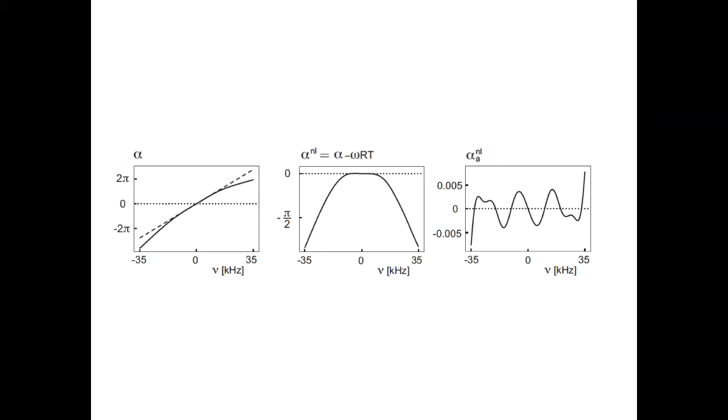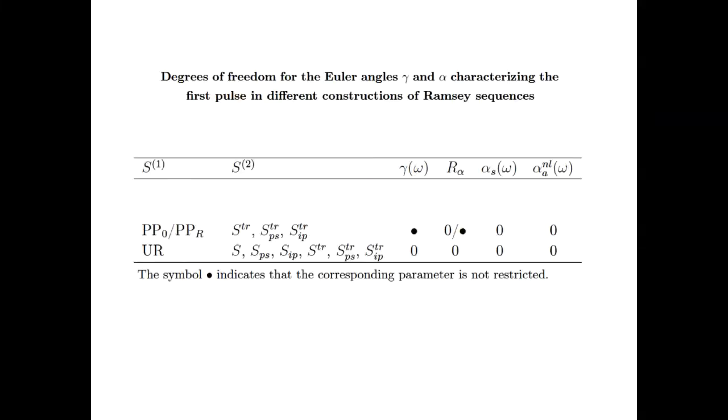If you subtract the linear part, this is just the antisymmetric part, the A subscript, which ideally should be 0, but here you see they are extremely small compared to the other values. It corresponds to a fraction of a degree over this whole offset range. Basically this fulfills, in this case, the condition for the Ramsey experiment.